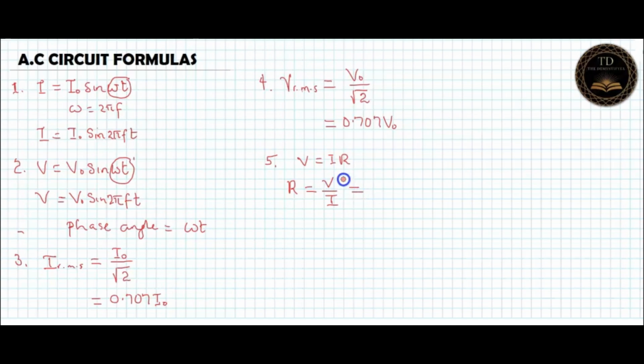Now when you have a resistor in an AC circuit, you could use this and get everything you need. The V becomes the instantaneous voltage or the alternating voltage. The I becomes the instantaneous current or alternating current. This can also be connected to the root mean square, so this could also be root mean square voltage over root mean square current, and this can also be equal to the peak voltage over the peak current.